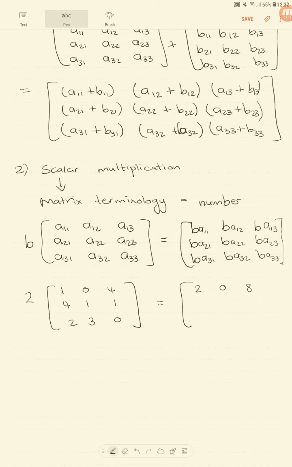Or 2 times 4 is 8, 2 times 1 is 2, 2 times 1 is 2. Third row, 2 times 2 is 4, 2 times 3 is 6, and 2 times 0 is 0. So that is scalar multiplication.